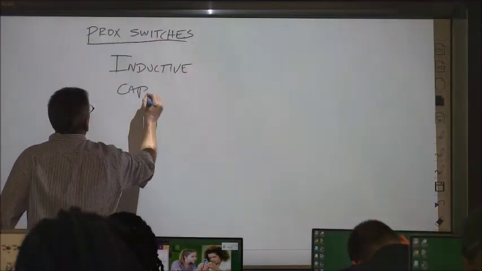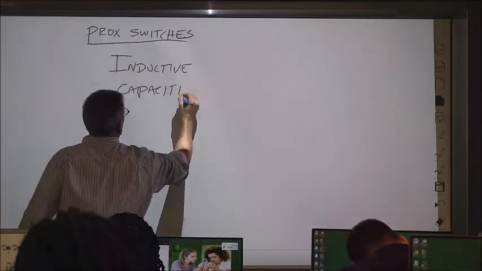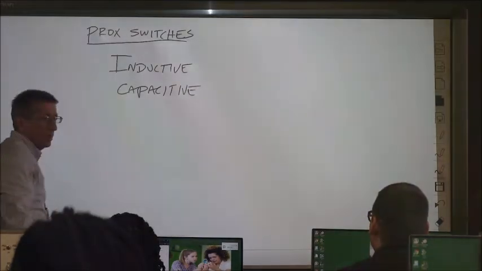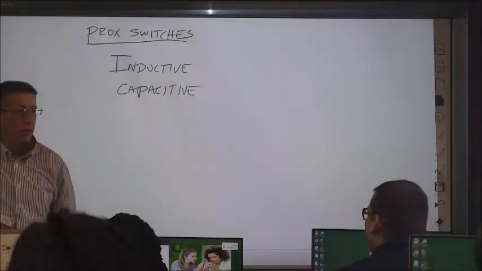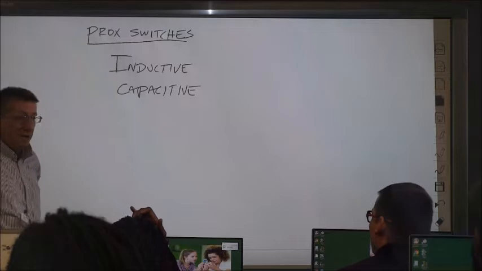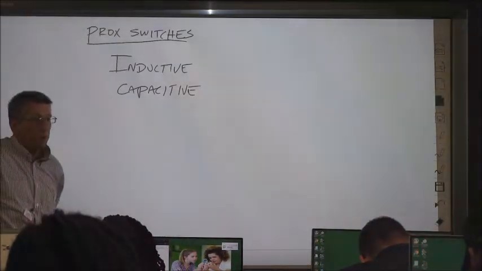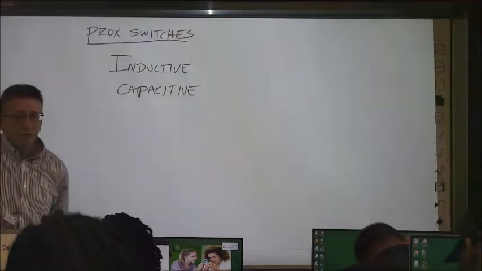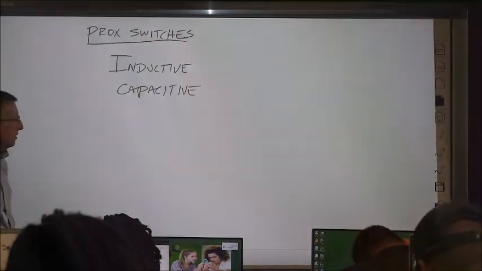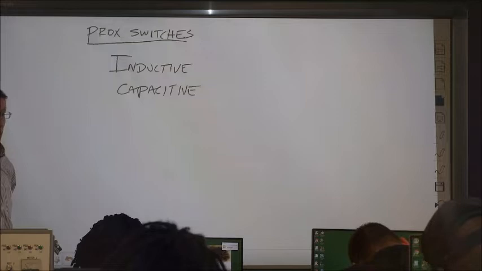Capacitive. What's the difference? Inductive type prox switches detect metal parts, right? Metal objects. Capacitive, pretty much anything except air, right?